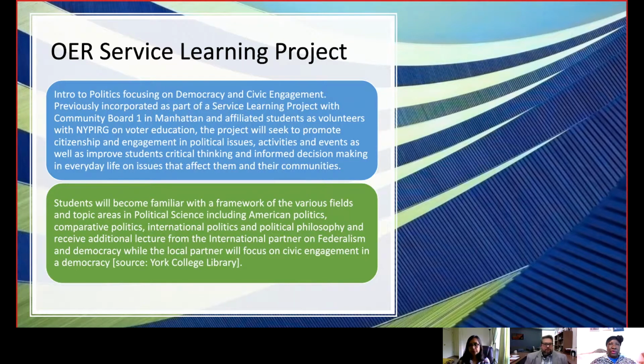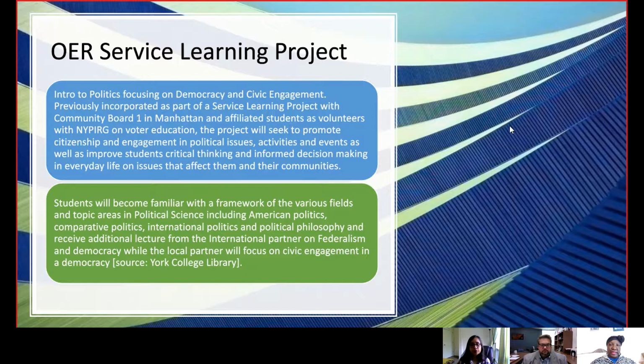Students also had the opportunity to work with NYPIRG on voter education. The project was to promote citizenship and engagement in political issues, activities, and events, as well as to improve students' critical thinking and informed decision-making in their everyday lives, on issues that affected them the most.